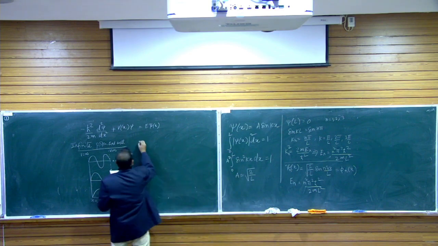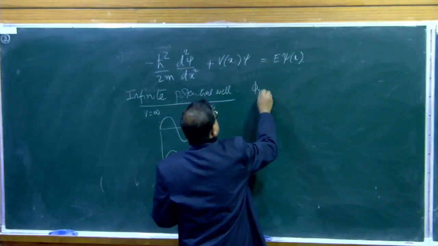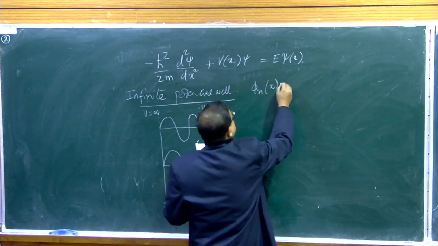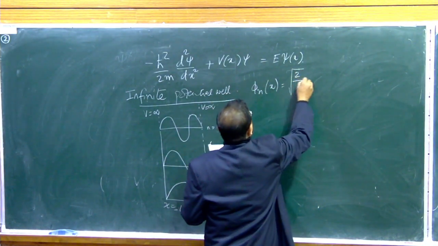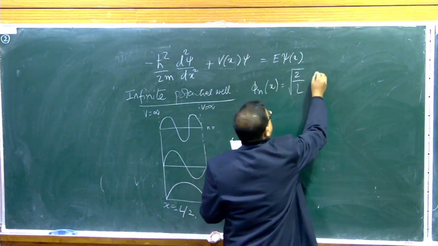So let's write phi n(x). For this, it's equal to root over 2 by L and sine.